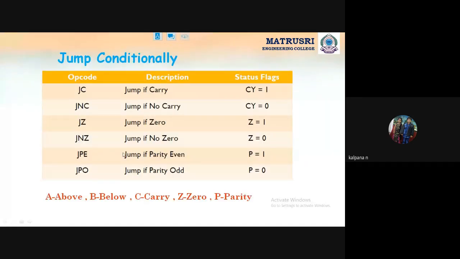Now, what are the conditional jumps? First one is JC, jump if carry. If the carry flag is set, then jump to 2030.